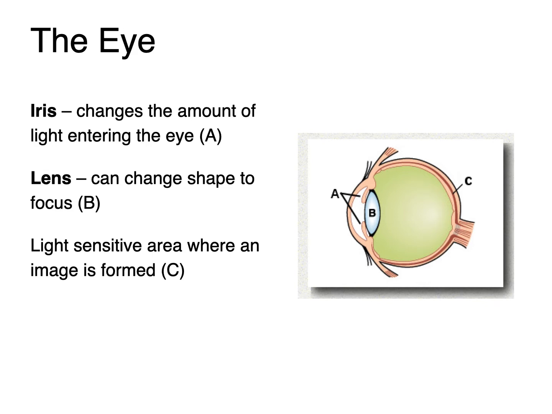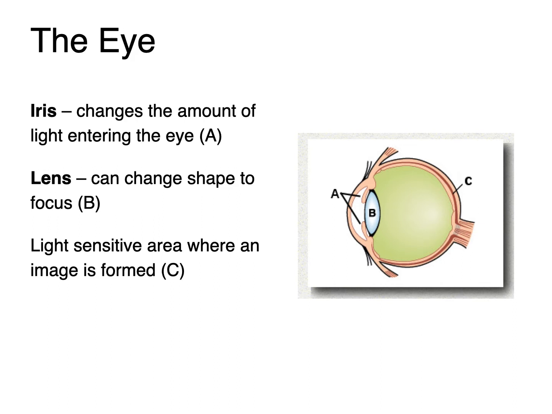This iris of a human eye changes the amount of light entering the human eye. And B can be termed in a camera as the lens, which can change its shape to focus. How to focus? By changing the shape to focus.